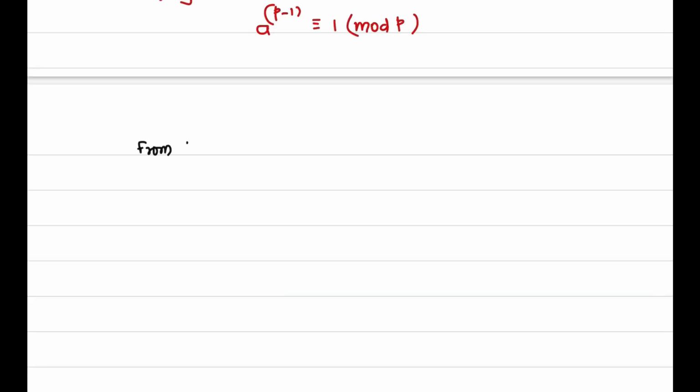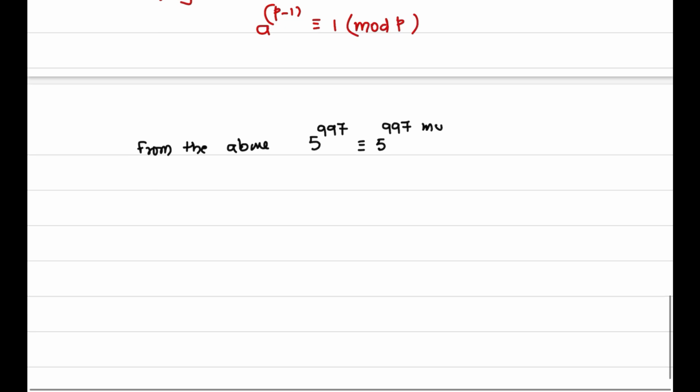From the above, 5 to the power of 997 is equivalent to 5 to the power of 997 mod 18. For this, please refer to my earlier lectures on the application of Fermat's little theorem.